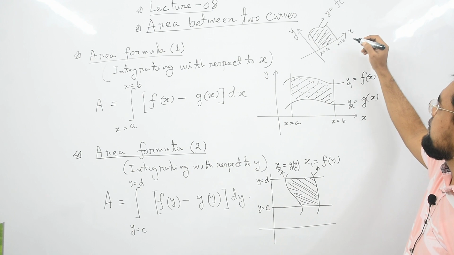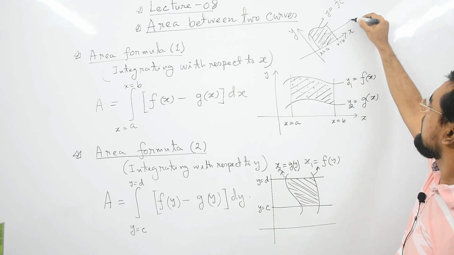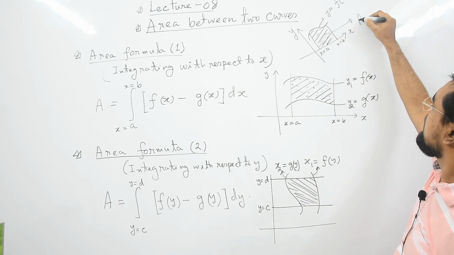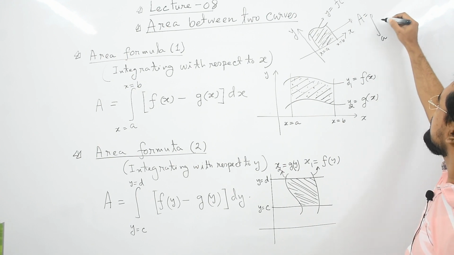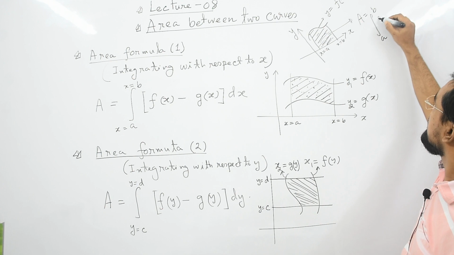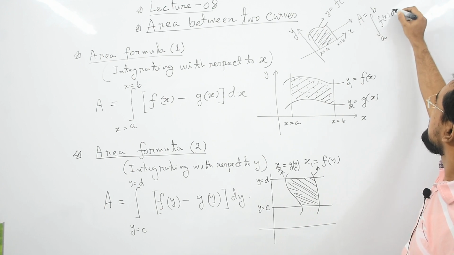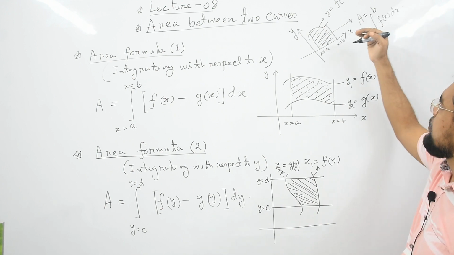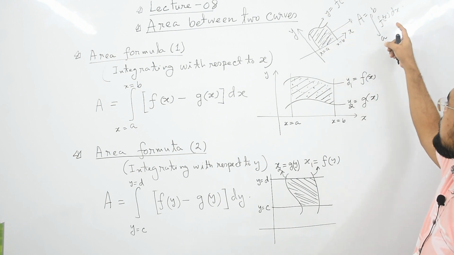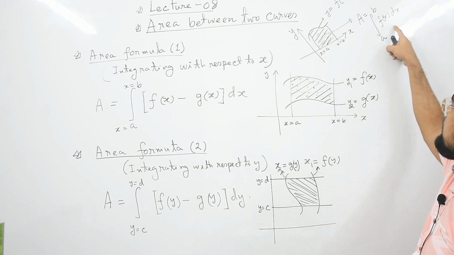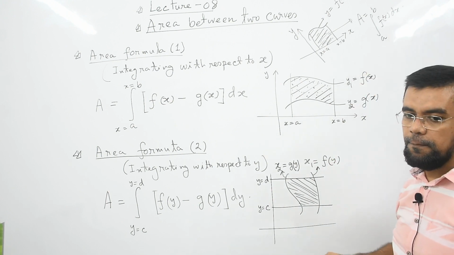By the help of definite integration, we can write area A equal integration from a to b f(x) dx. So area under a curve we can calculate by using this formula.